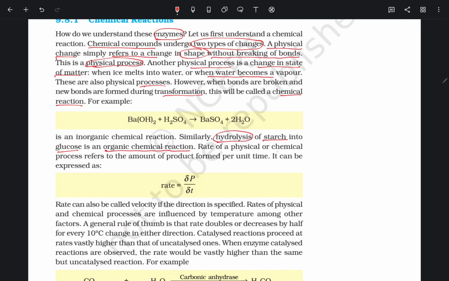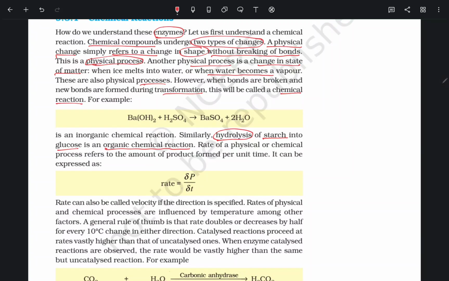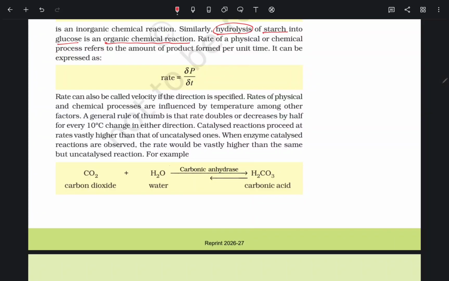Rate, of a physical or chemical process, refers to the amount of product formed per unit time. It can be expressed as rate = delta P upon delta T. Rate can also be called velocity if the direction is specified.